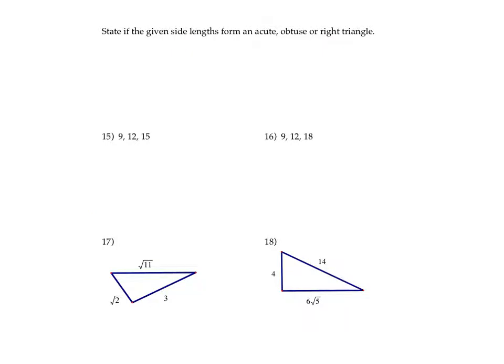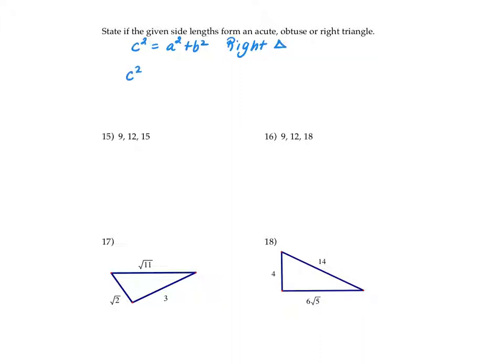Okay, in this next group of problems, we have to determine if the side lengths that we're given would create a right triangle, an acute triangle, or an obtuse triangle. So I want to have those 3 cases written down. The one that's easiest to remember is if c squared is exactly equal to a squared plus b squared, we should know that that's a right triangle.